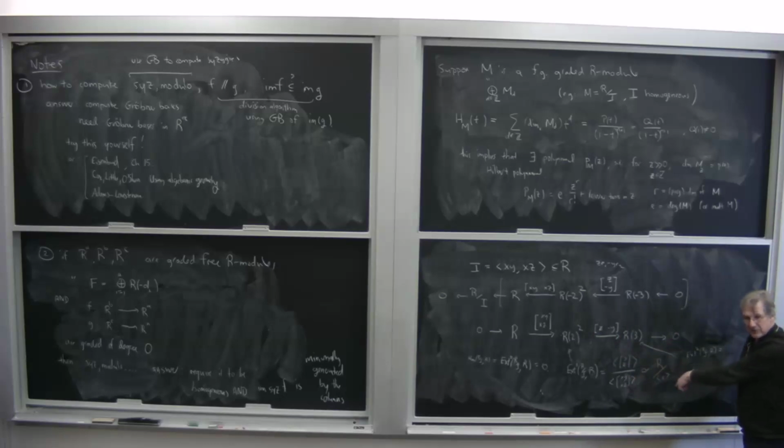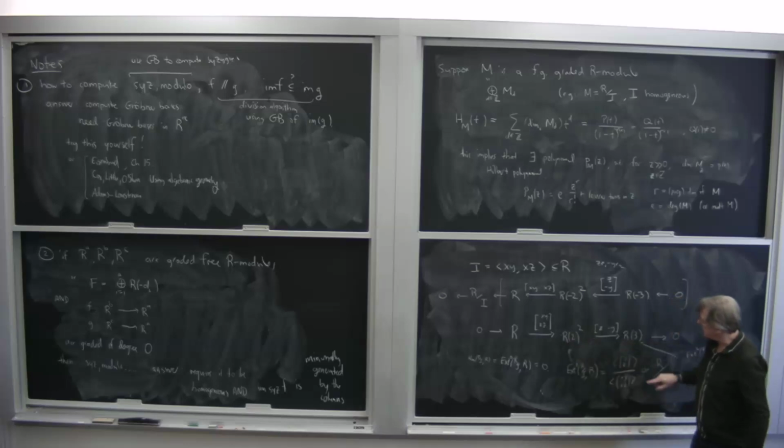We should probably figure out what it is, because this is not in degree 0. So the question is, what degree is this element in? Z, Y, Y, Z. Yeah, the generators here have degree -2. So when you multiply it by Y and Z, it's degree -1. So this is going to be a -1 here.